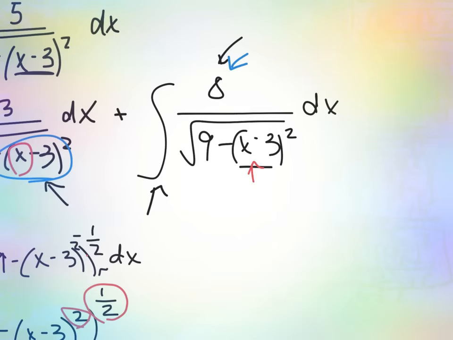However, that 9 is bothering us, so we are going to multiply through by, let's do it in green, square root of 1 over 9, and then 1/3 because of the same thing as usual.